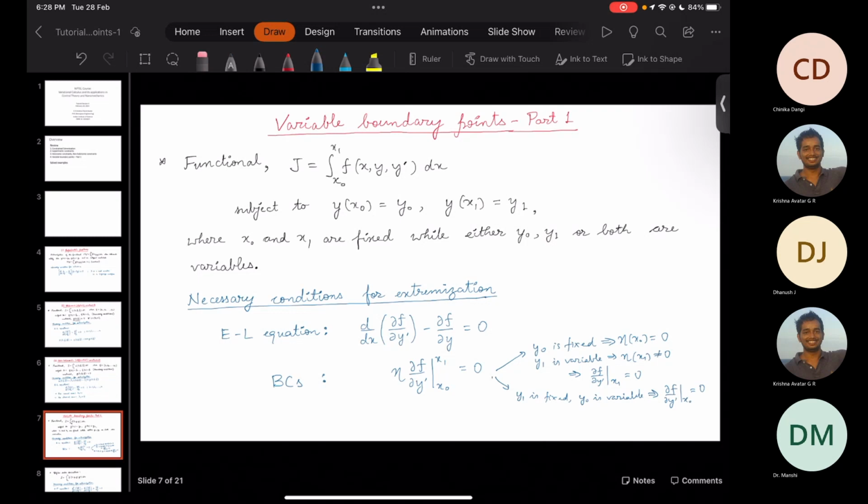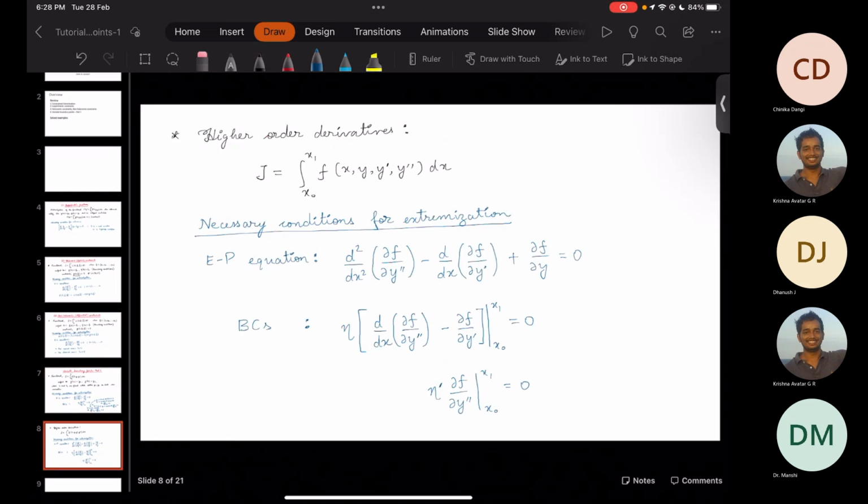And the third case is, what if both y naught and y1 are variable? Then we'll have the end conditions, which are dou f by dou y prime at x naught and dou f by dou y prime at x1, both have to be equal to 0.